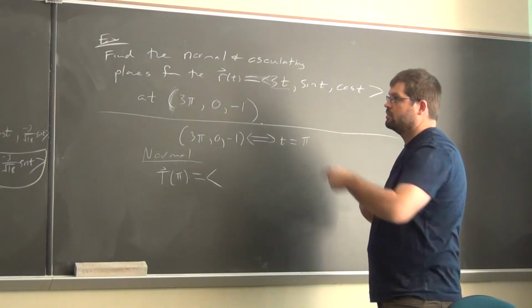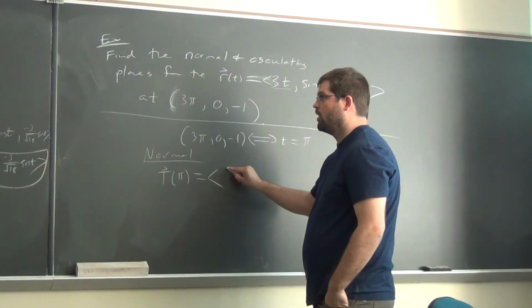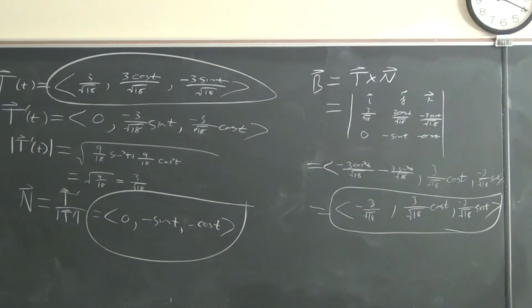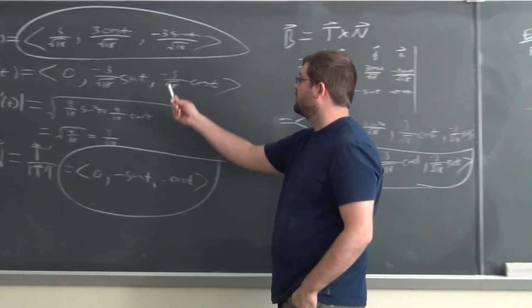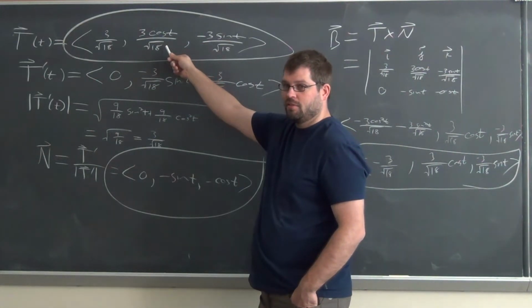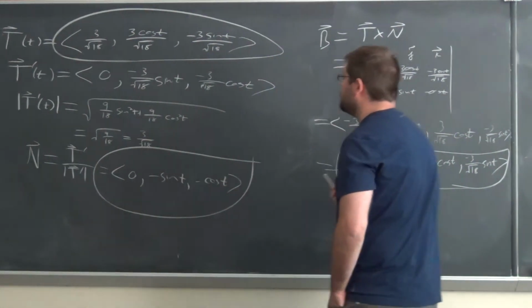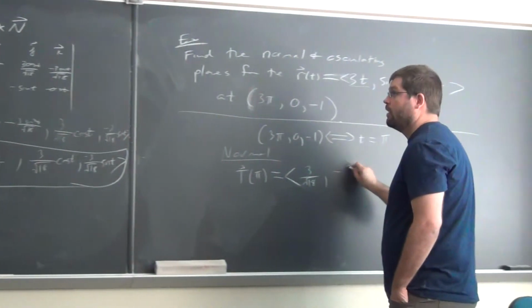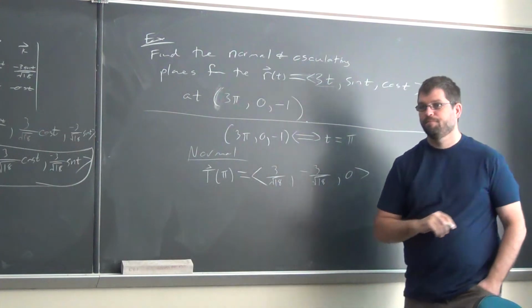If we plug in pi, we get 3 over the square root of 18, and then pi goes into cosine and sine. Cosine of pi is minus 1, and sine is 0, so we should get negative 3 over root 18, 0. Is that okay?